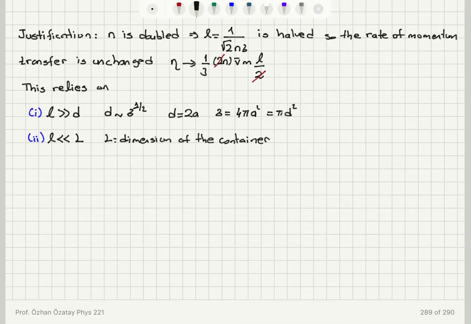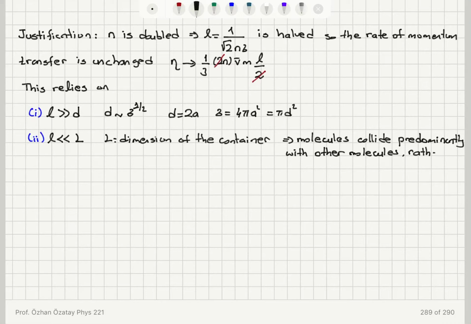And you can see that this assumption implies that molecules collide predominantly with other molecules rather than the container walls.